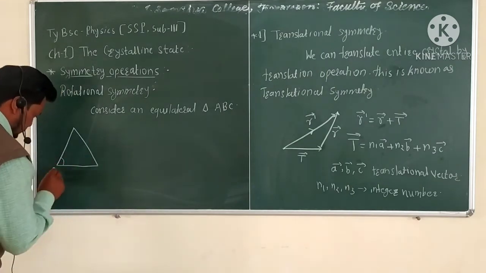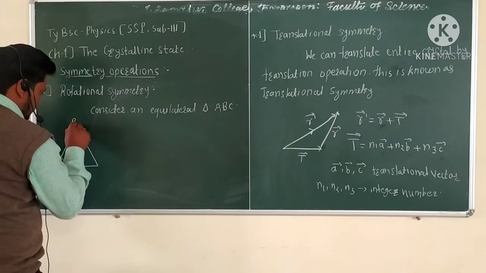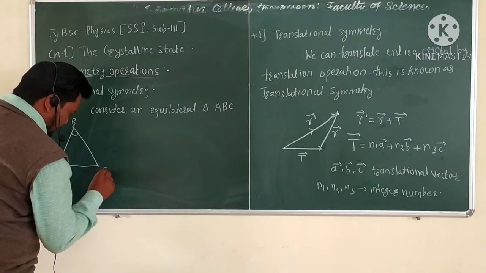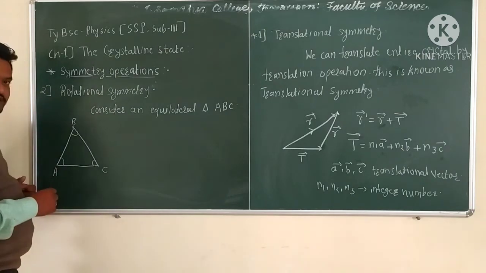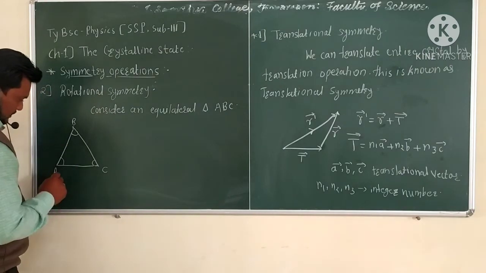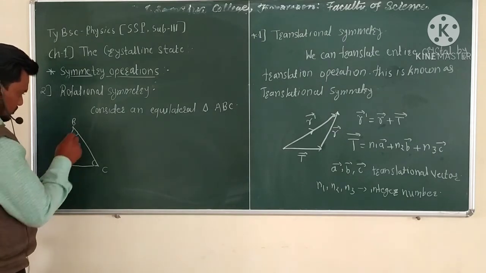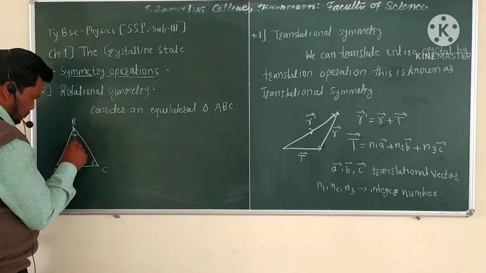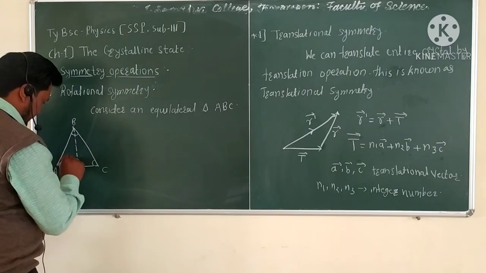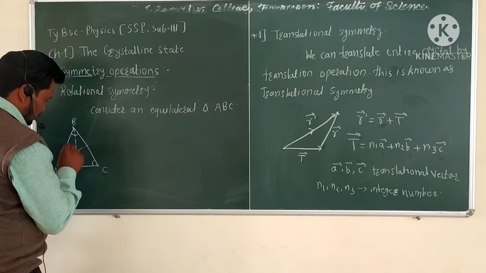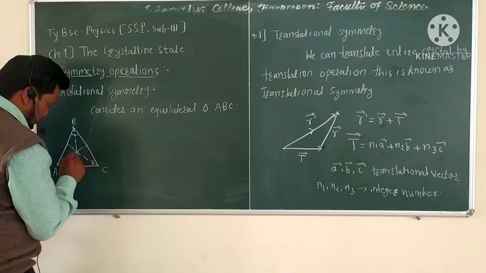Consider this vertex point A, this vertex point B, and this vertex point C, each angle being 60 degrees. We draw an altitude perpendicular from each vertex to the opposite side, and each altitude meets at a common point, O.